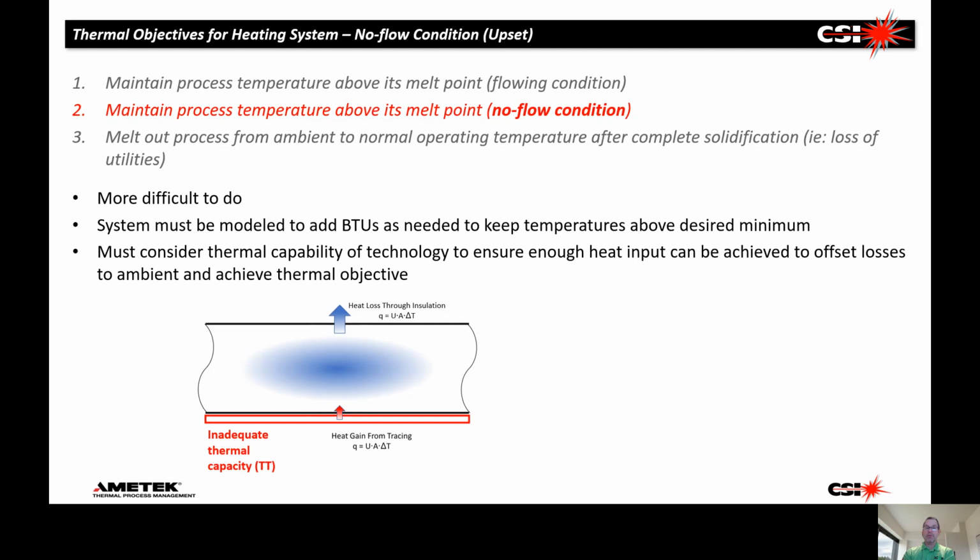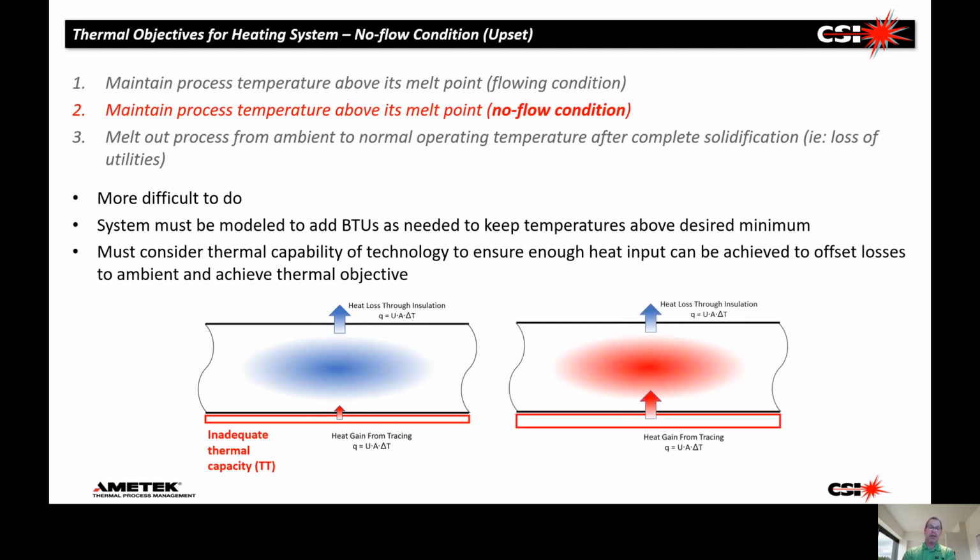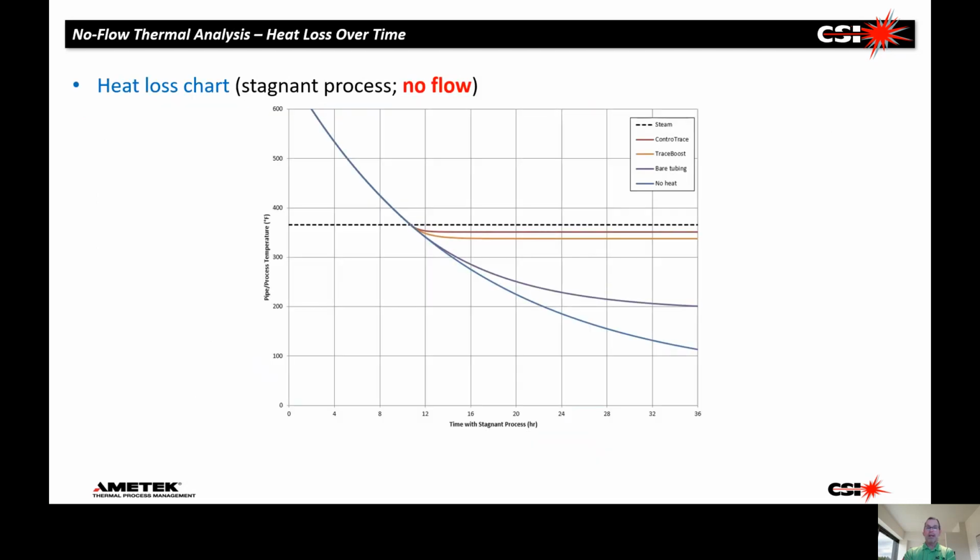So if it's an inadequate system, then the heat losses are going to overcome the heat inputs. If it's a properly sized system, then the heat losses are not going to be greater than the heat input, and so therefore that system can maintain that process condition. Here's what that chart looks like when you look at the heat loss chart with each of those technologies.